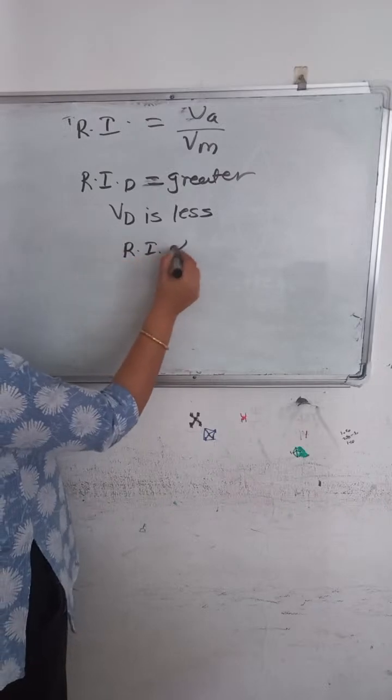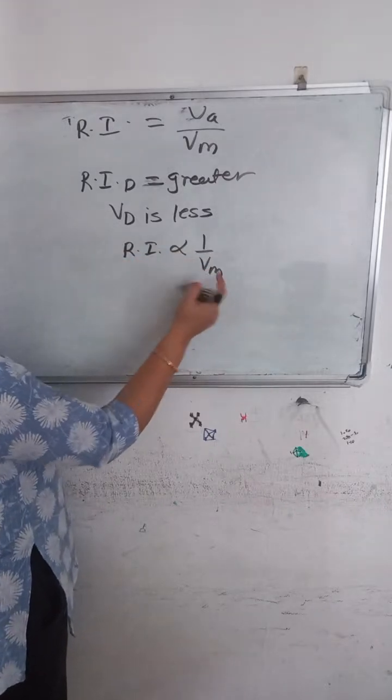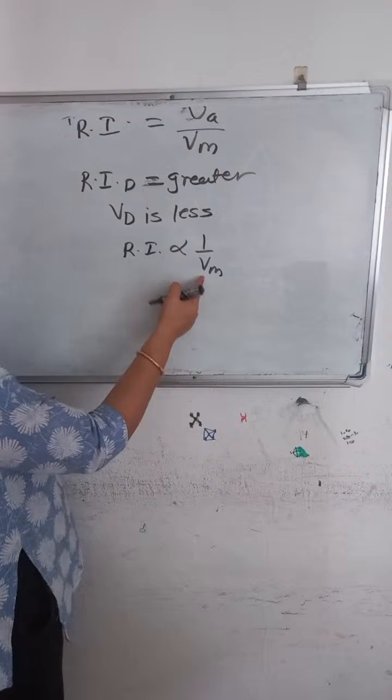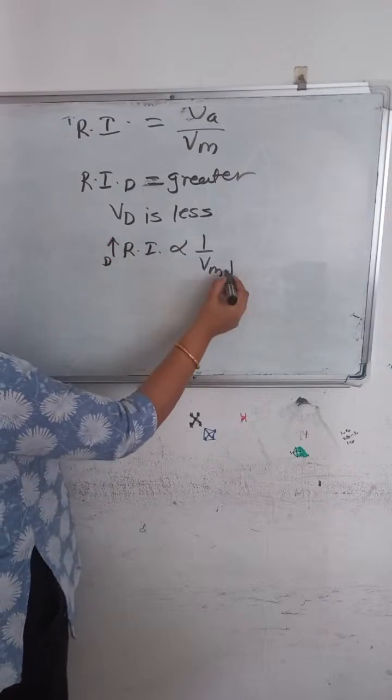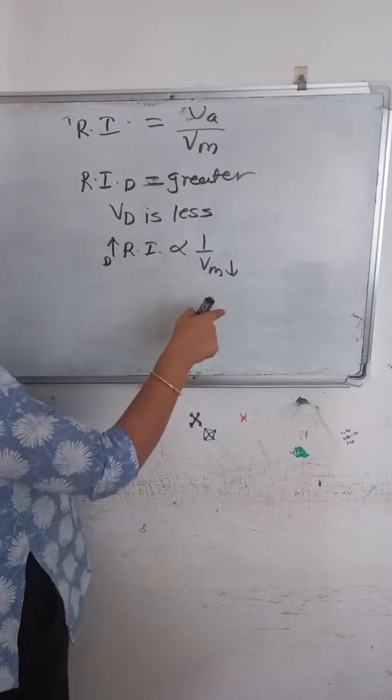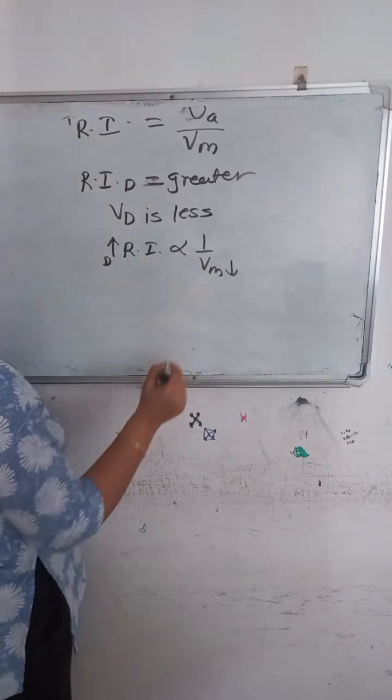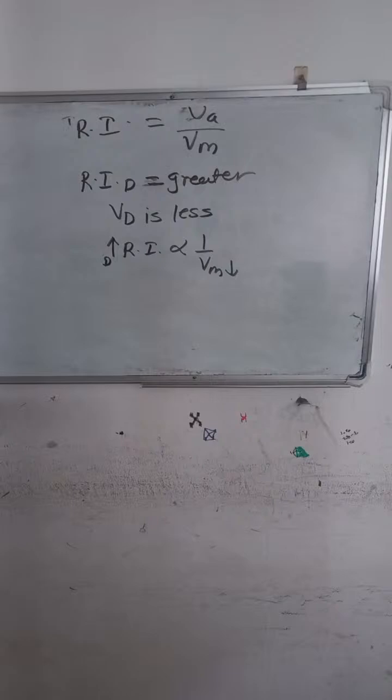Refractive index is inversely proportional to the speed of light in the medium. As the refractive index is more for diamond, the velocity of light in diamond is very less. Okay, so like that we have to answer.